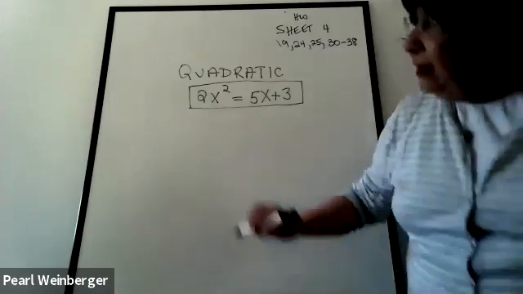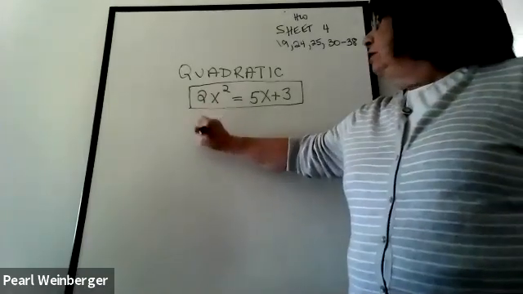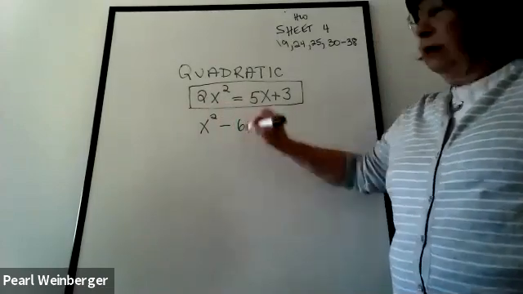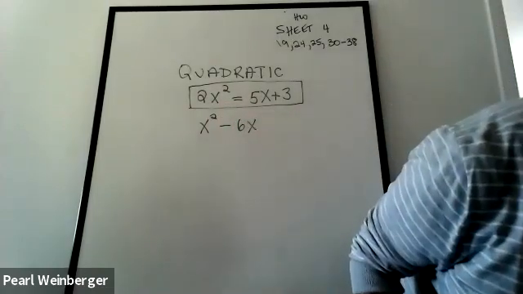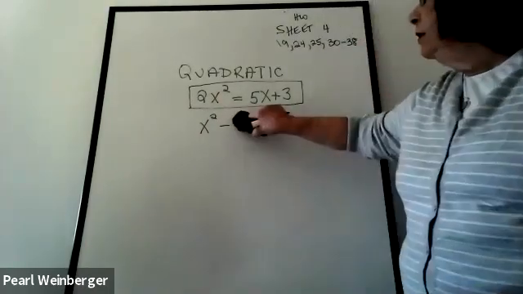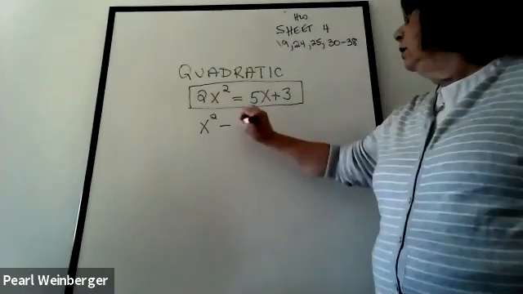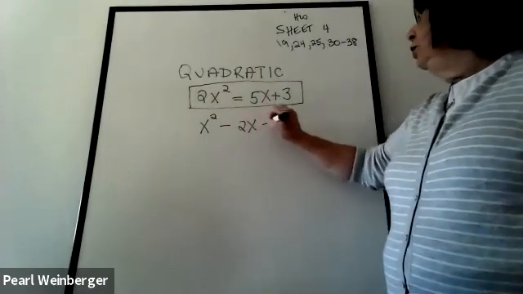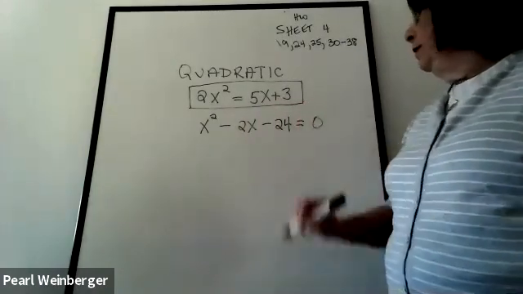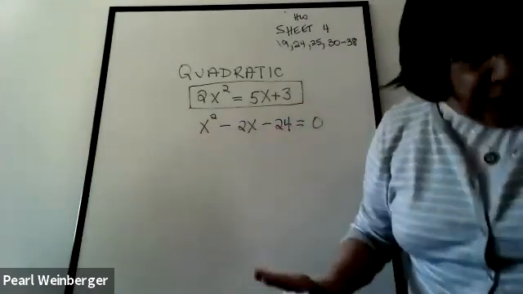So let's say I gave you this equation, x squared minus 6x minus 2x minus 24 equals 0. We see it's a quadratic equation.